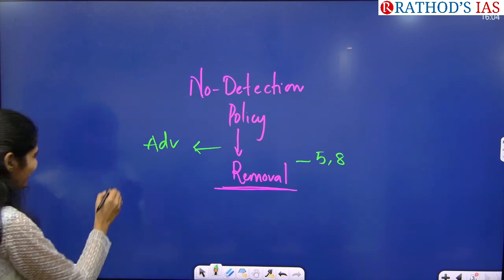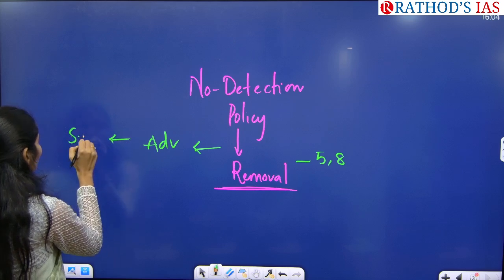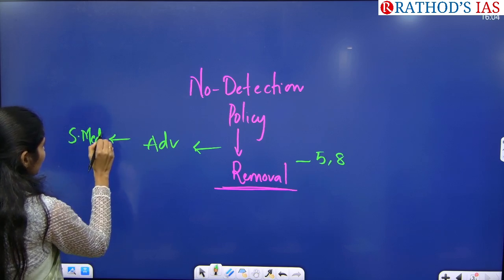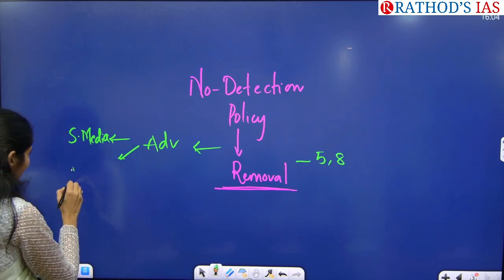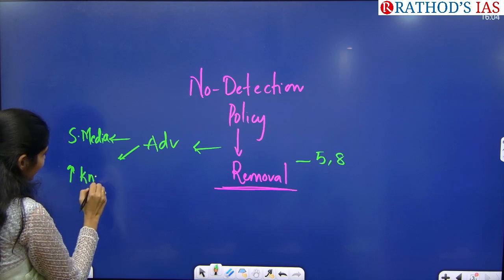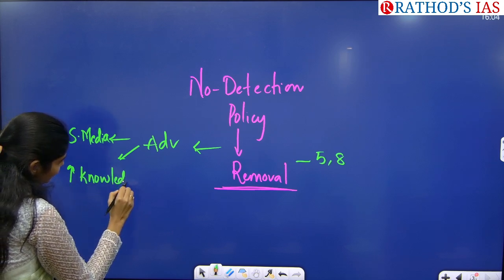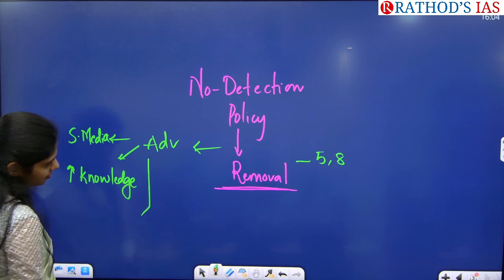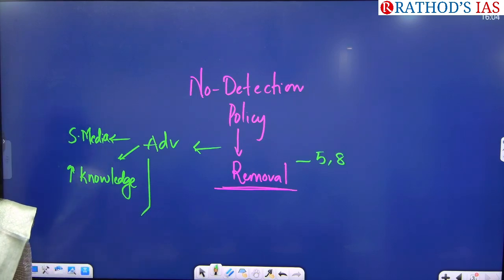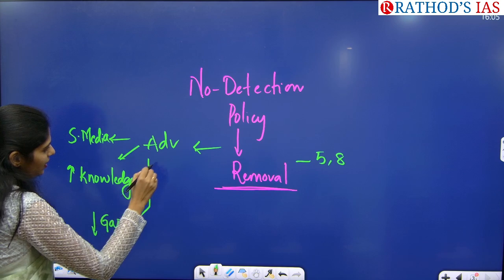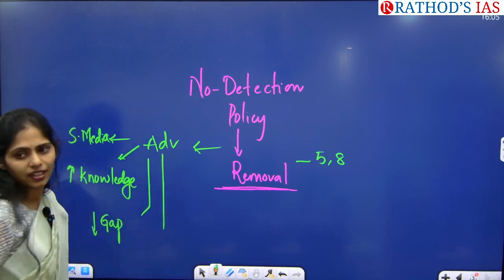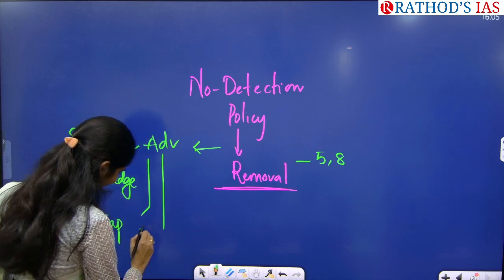Okay, to keep them away from social media. Next. Okay, to increase knowledge. Next. Okay, to decrease the gap. Next. Very good, pass percentage.